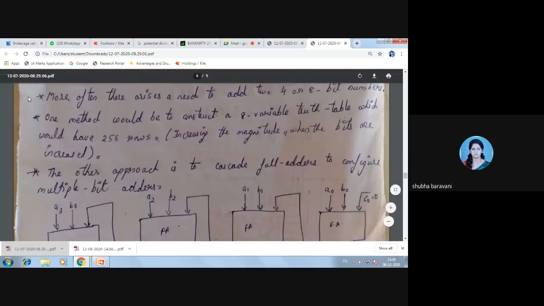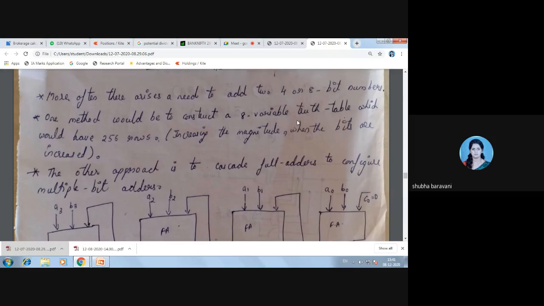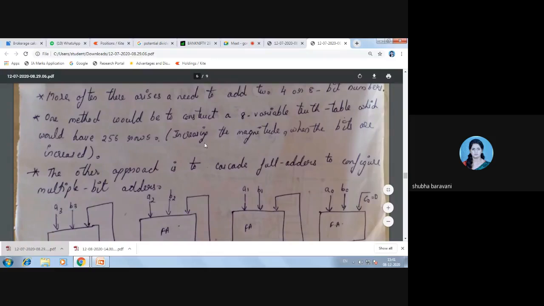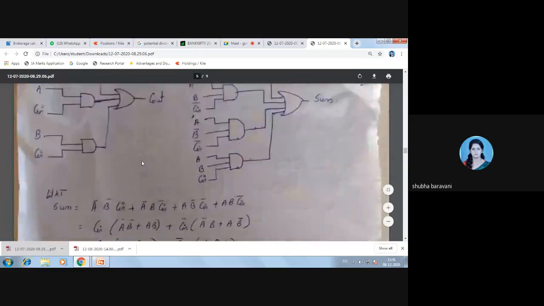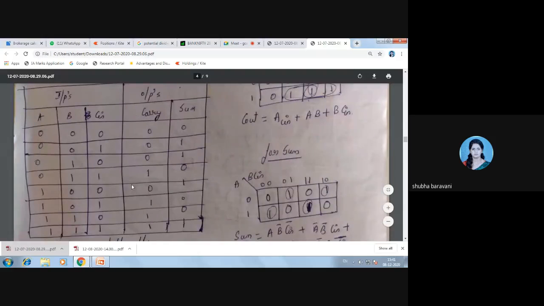More often there arises a need to add two 4-bit or 8-bit numbers, and there may be no necessity to add more numbers, which would increase the size of the truth table. This is a truth table for 3 bits, which means 8 rows, 2 power 3 rows.